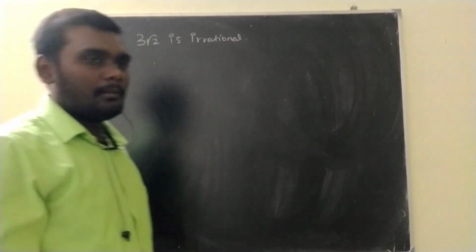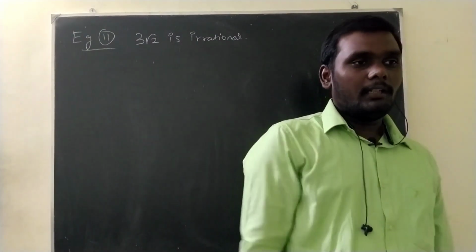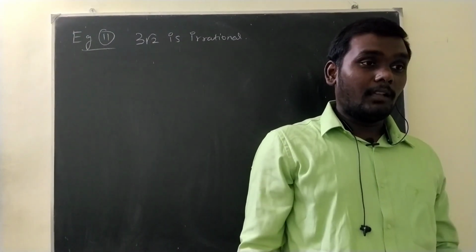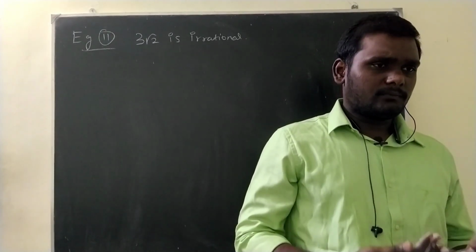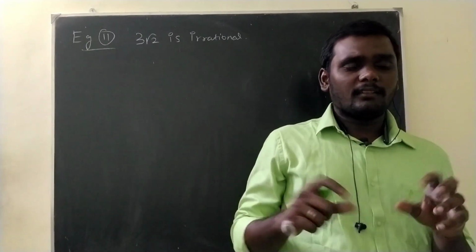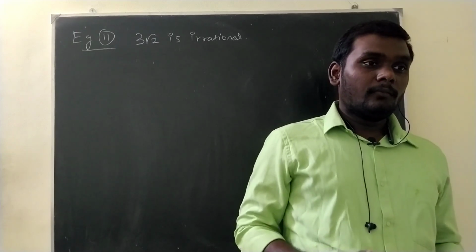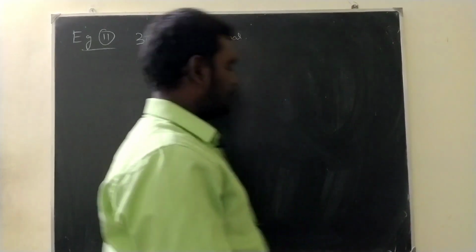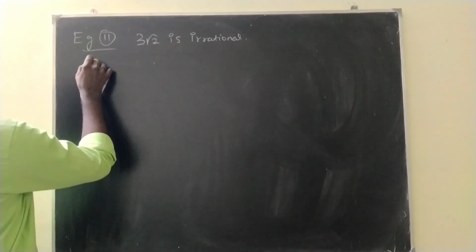This is another type, multiplied with a number. In this, we already know that root 2 is irrational. Now I am writing it, but in an exam, if they give that root 2 is irrational in the question, we don't need to prove it. But if it is not given, we have to prove it. Then the same procedure.